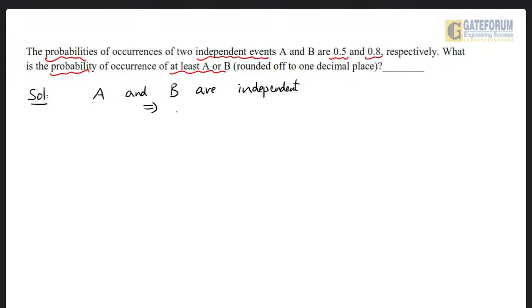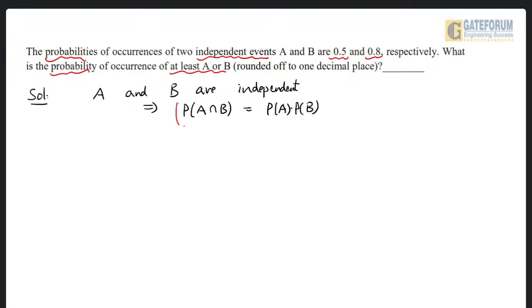for which we immediately have a formula: P of A intersection B is equal to P of A into P of B. P of A given B is equal to P of A, and P of B given A is equal to P of B. There is no conditional event here. Now, take care.